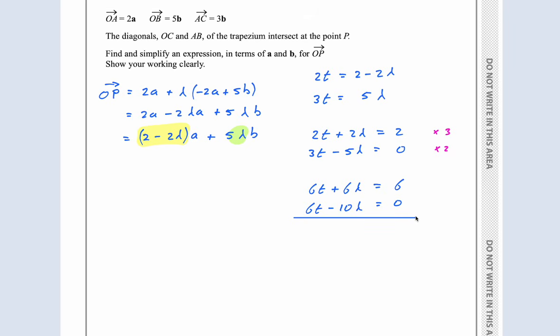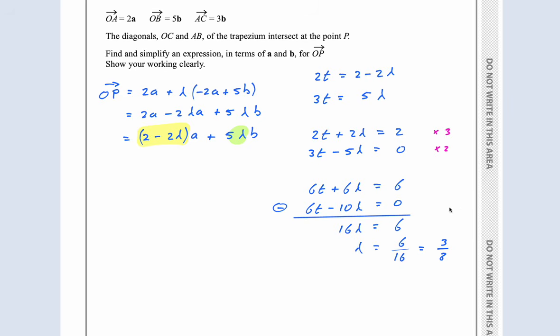Now I can subtract this. So these are gone. 6 lambda plus this, because I'm subtracting a negative, gives me 16 lambda equals 6. So lambda is 6 over 16, or divide by 2, 3 over 8.